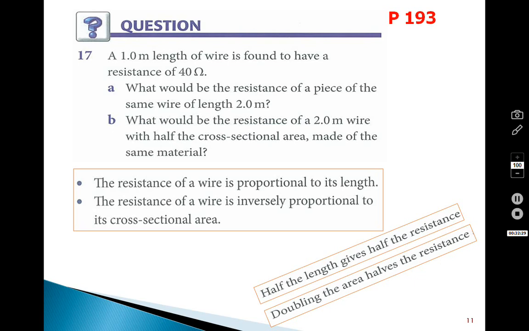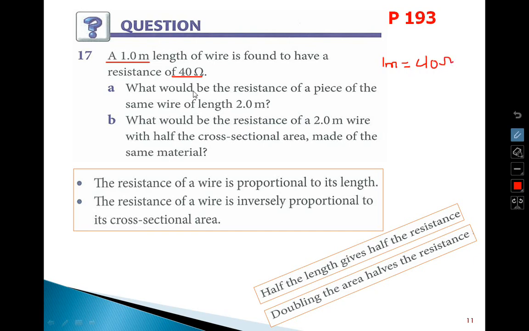If we increase the length of this wire from 1 meter to 2 meter, what do we have here? We have a 1 meter length of wire found to have a resistance of, for example, 40.